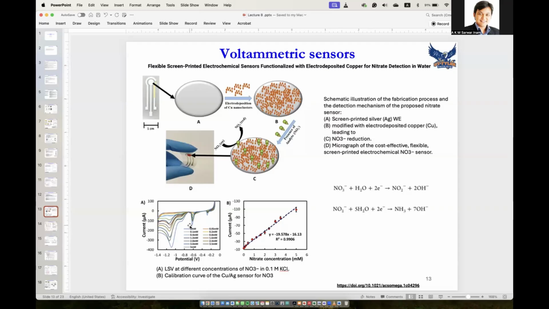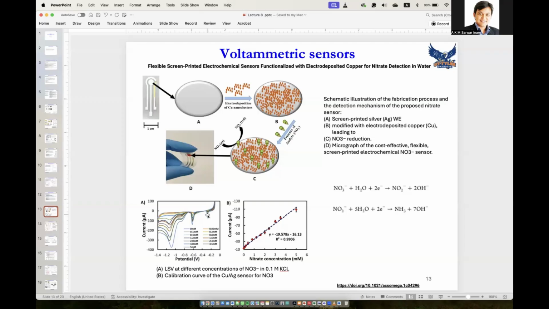To evaluate the analytical performance of this sensor, the linear sweep voltammetry was applied. Okay, so the calibration curve here. Before the calibration curve, we can see the potential range we are taking here, from minus 0.1 to minus 1.4, and in this potential range, we are getting different reduction reactions.